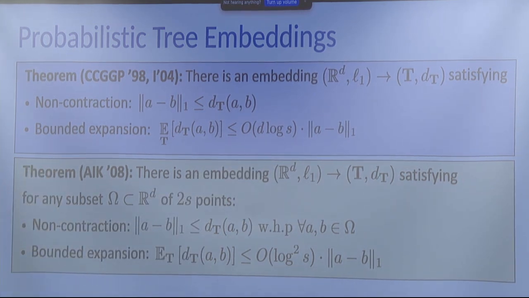Then the second result of Andoni, Indyk, and Krauthgamer added a probabilistic guarantee using the fact that the subsets are going to be of size S. What do they show?